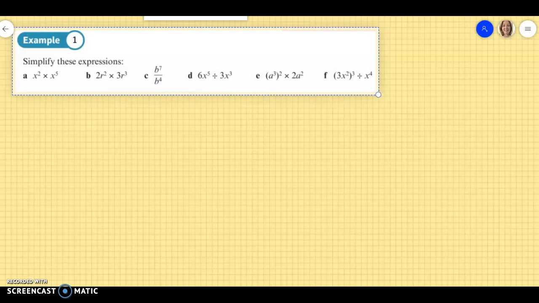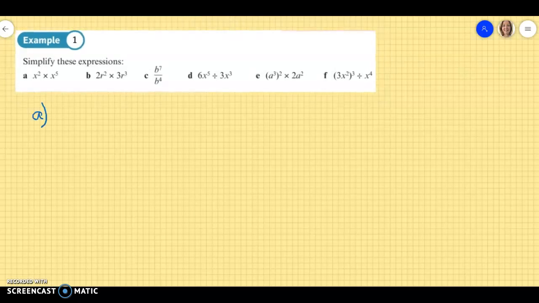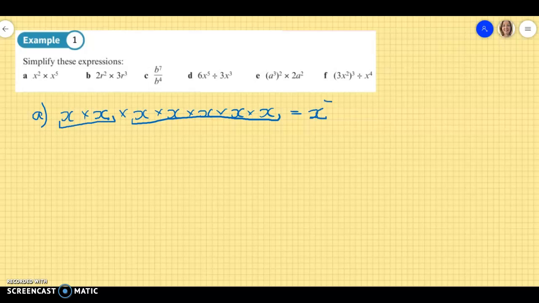So, very simply, x squared times x, so it's x times x, which is x squared, times x. You can see you end up with x to the 7.